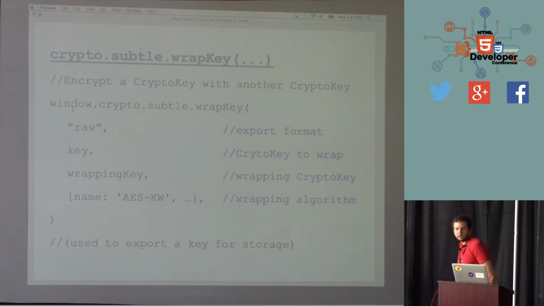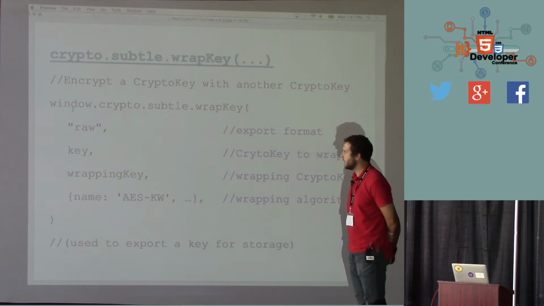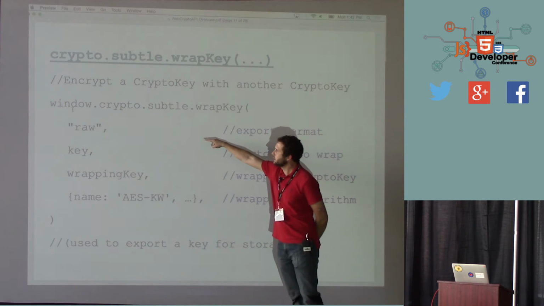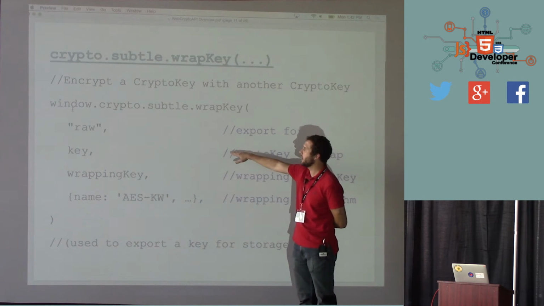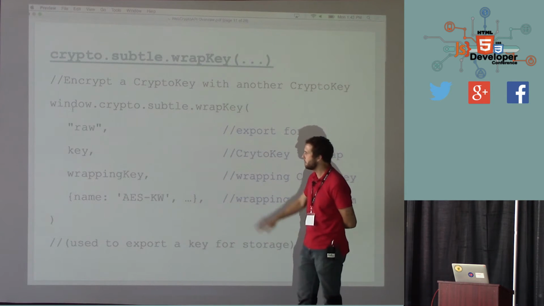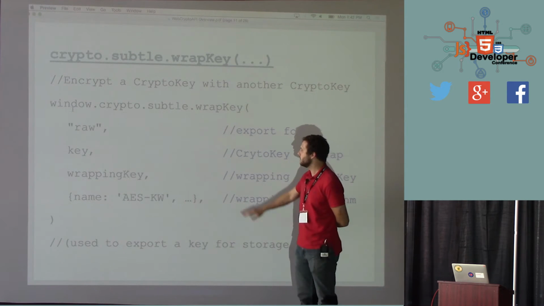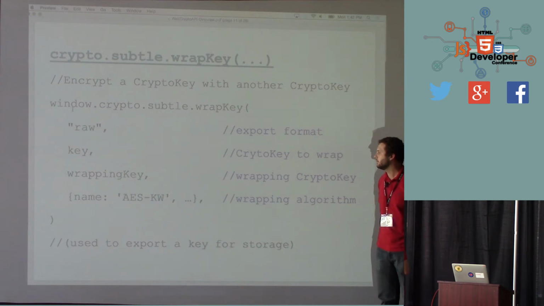Okay, wrap key is you taking another crypto key and wrapping it with a symmetric key. So you specify the format that you want to dump the key into. You specify the key itself that you want to wrap. You specify the wrapping key, which you've generated previously. And you specify the format of that wrapping key itself.